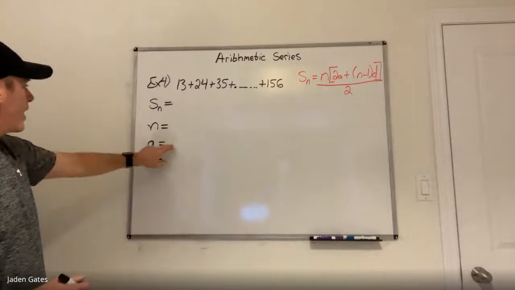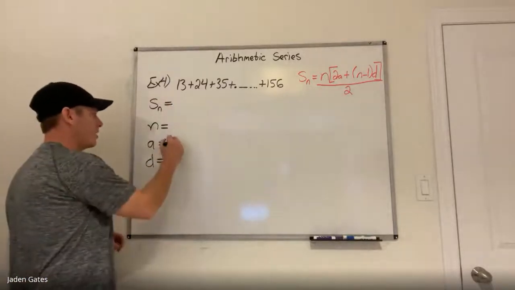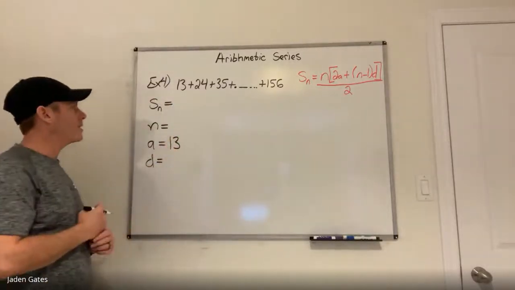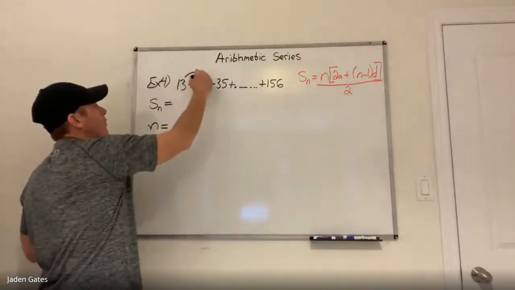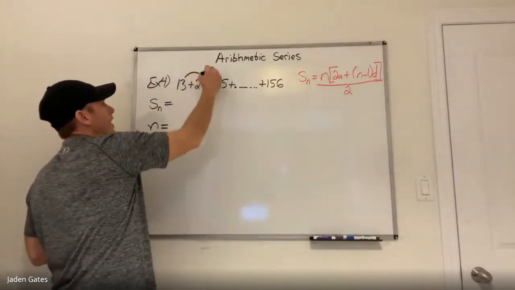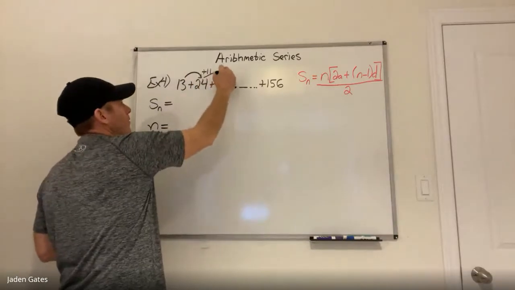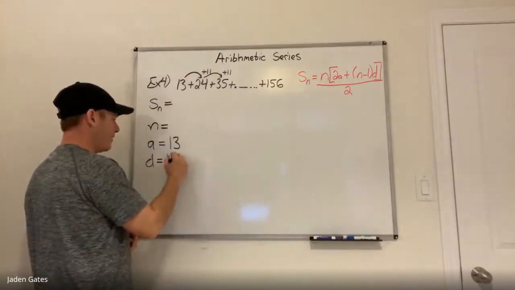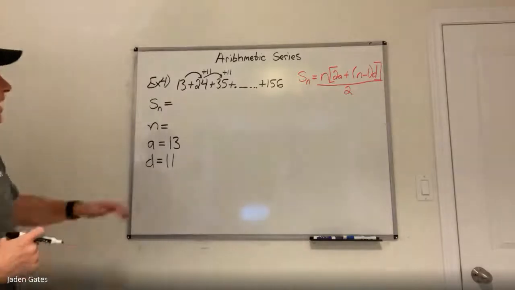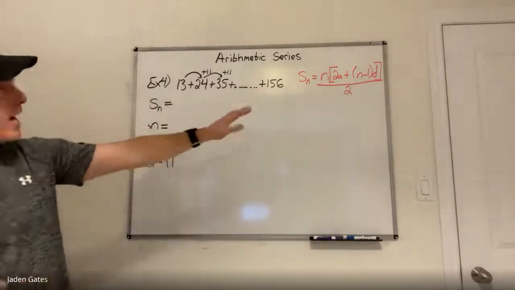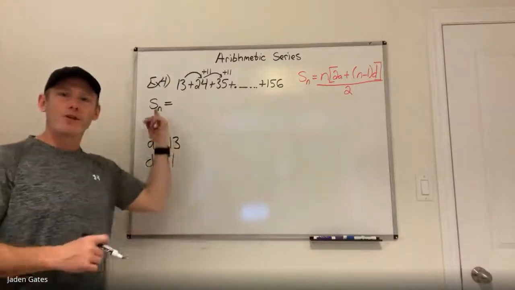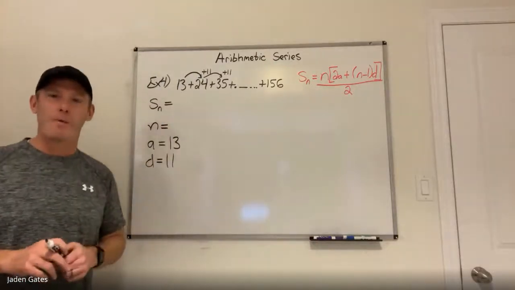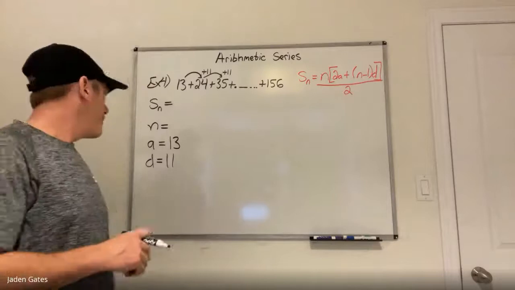I do know a. The first term here is 13. Got that down. And the difference: going from 13 to 24, I'm up 11. 24 to 35, up 11. So the common difference is 11. But I can't find the sum of this series yet because I've got 2 unknowns, right? That's a problem. I can only have 1 unknown. But here's what else I do know.